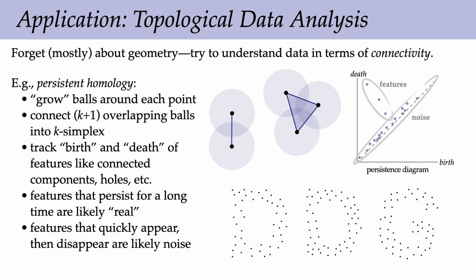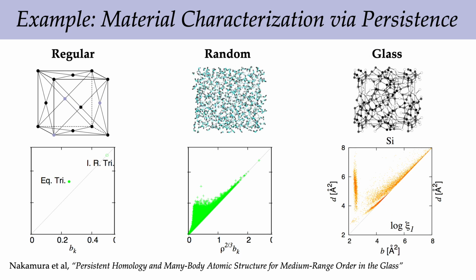Okay, so really quite a neat idea, and people have taken this in all sorts of directions. Right? This is just one very special instance of this. So one nice application in material science is characterizing glass.